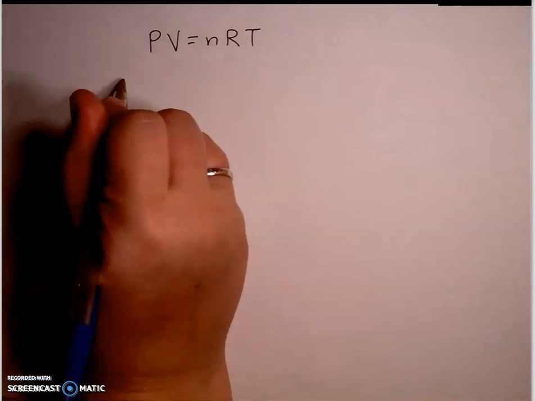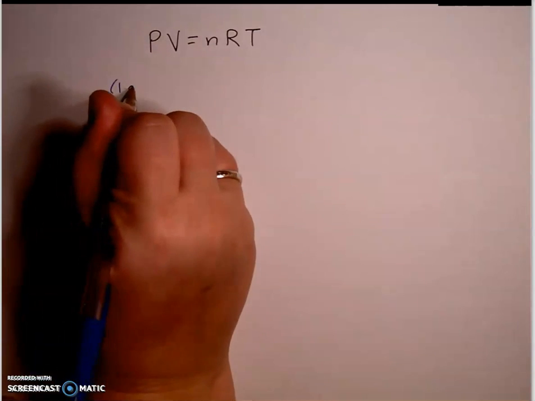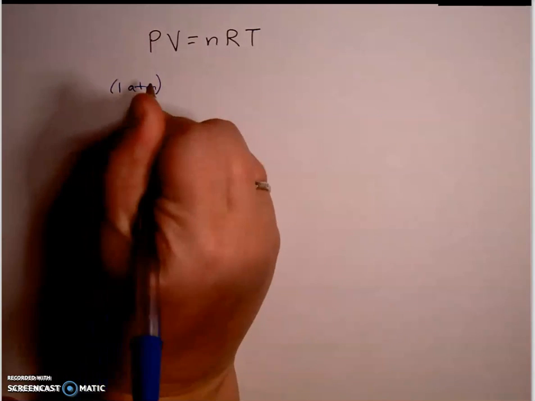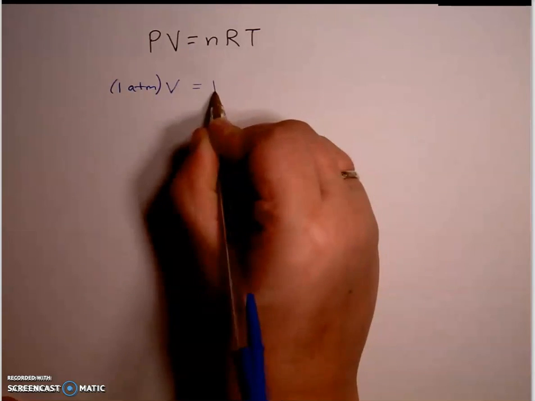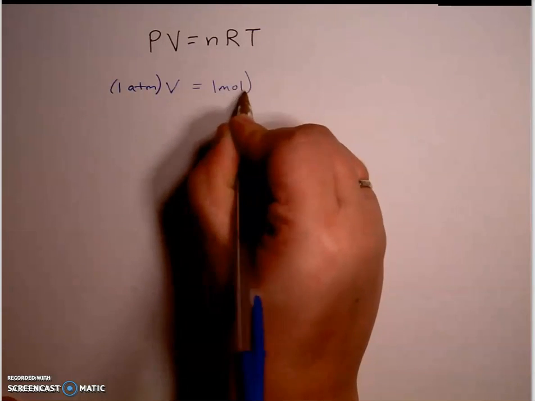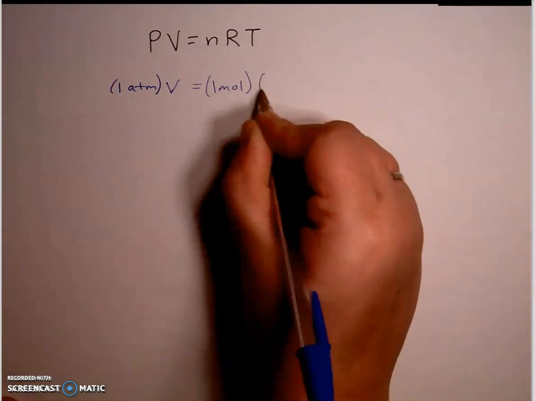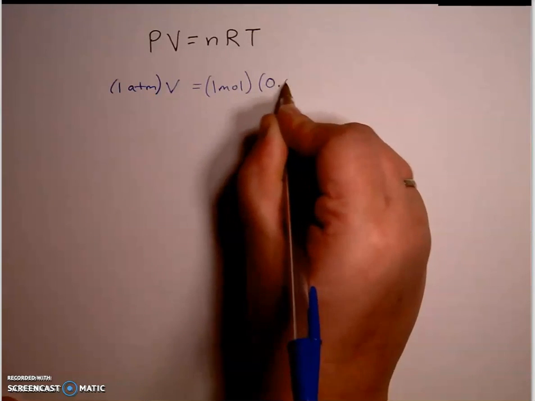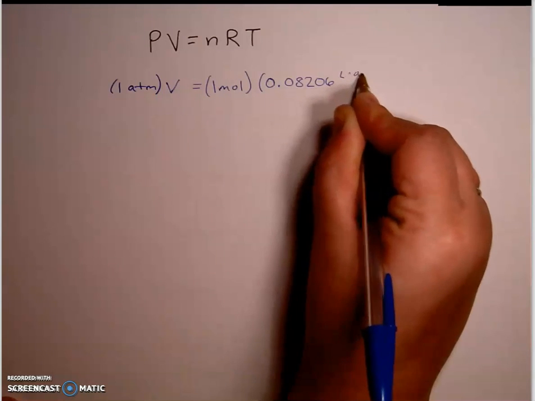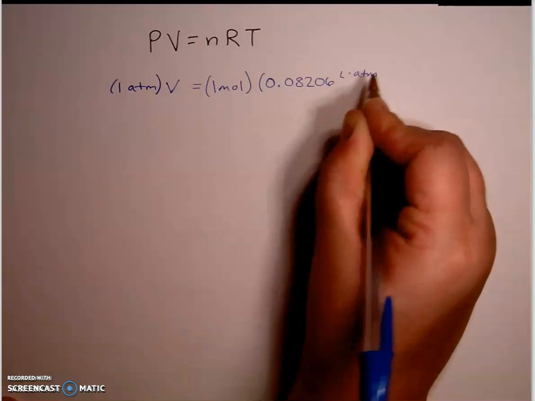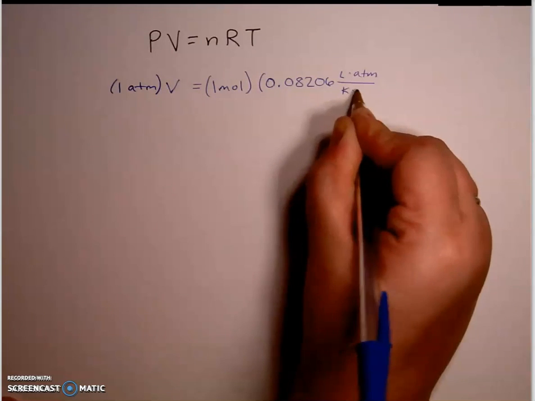So starting with PV equals nRT, at standard temperature and pressure, standard pressure is 1 atmosphere, times volume, which is what we're solving for. We're solving for the volume of 1 mole of any gas. R is a constant. Easy peasy.